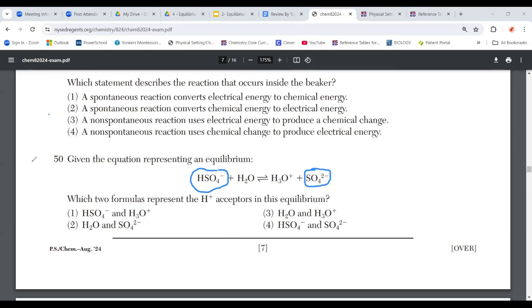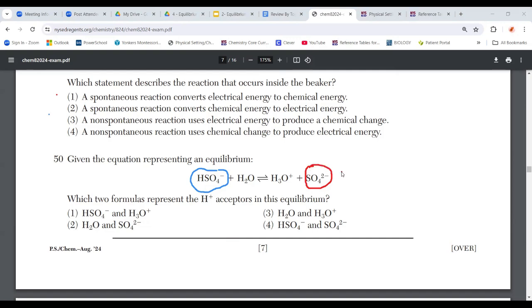I am going to just erase this because when you're looking at an equilibrium reaction, as people move through the equation, their positions change. In other words, a person who gave up on this side, who's an acid on this side, on the other side, they now have room to pick up a hydrogen.